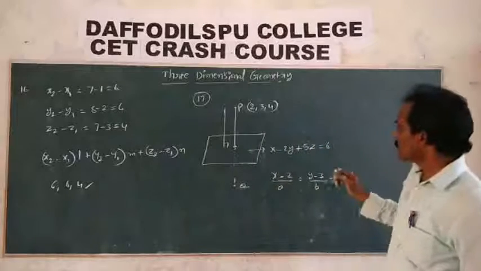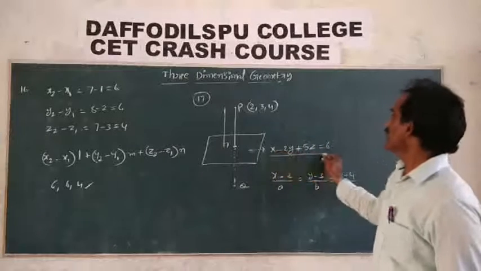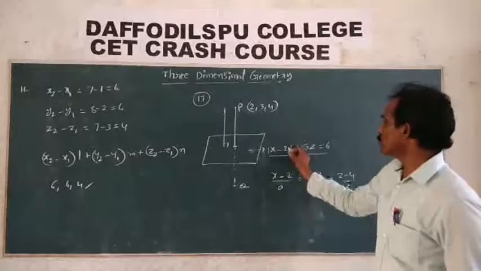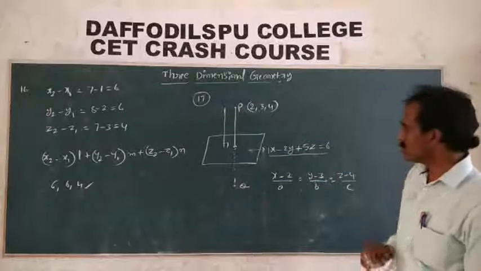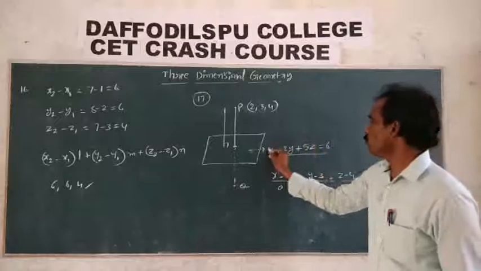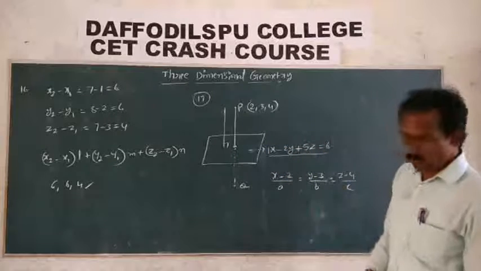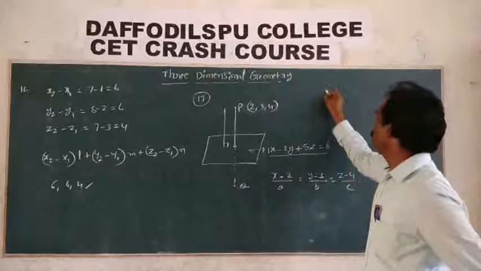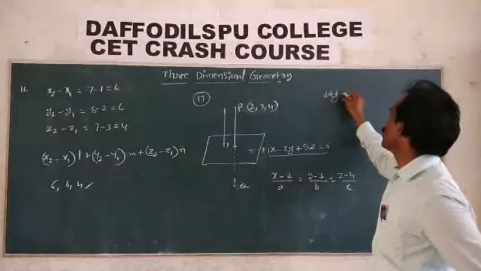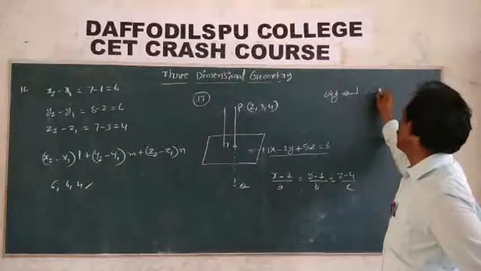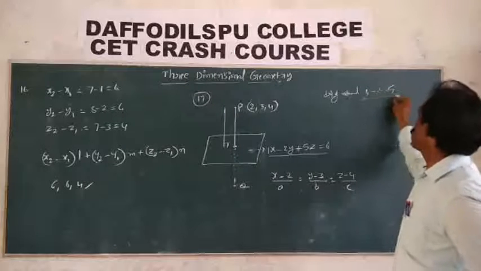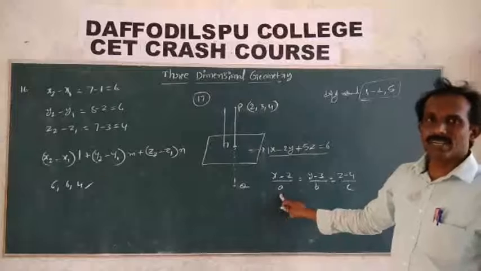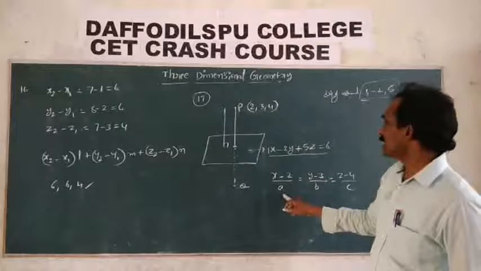The plane equation has coefficients 1, minus 2, 5. So these are the direction ratios of this line: 1, minus 2, 5, the direction ratios of the normal. So in which option do the denominators have 1, minus 2, 5?